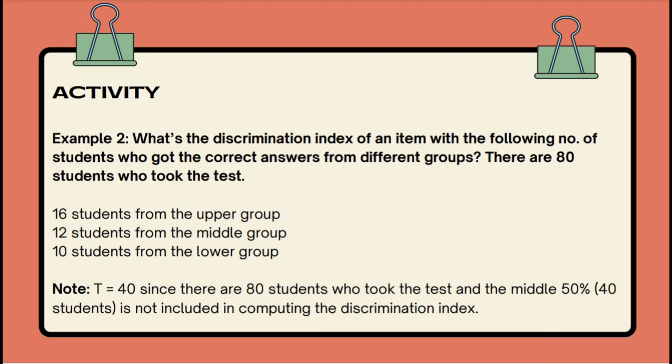Note that the total number of students is equal to 40 since there are 80 students who took the test, and the middle, which is 50% of the total population of students, and this is 40 students, is not included in computing the discrimination index. You are given 10 minutes to answer this activity and afterwards pass it in front.